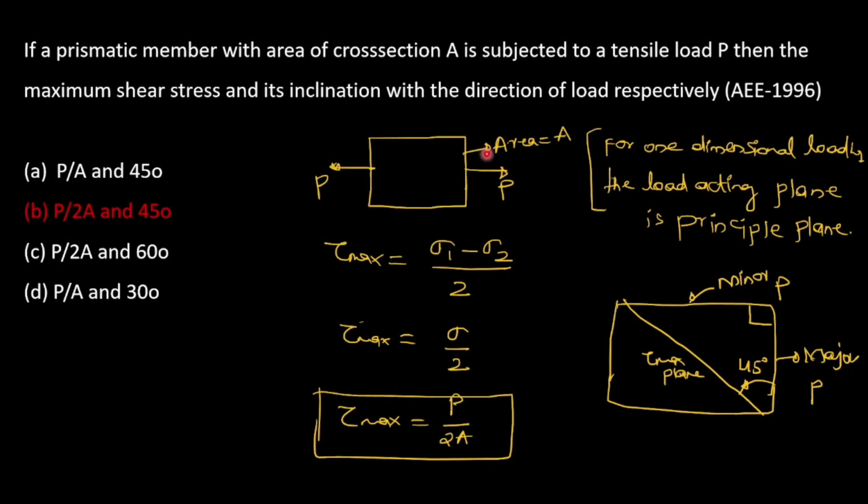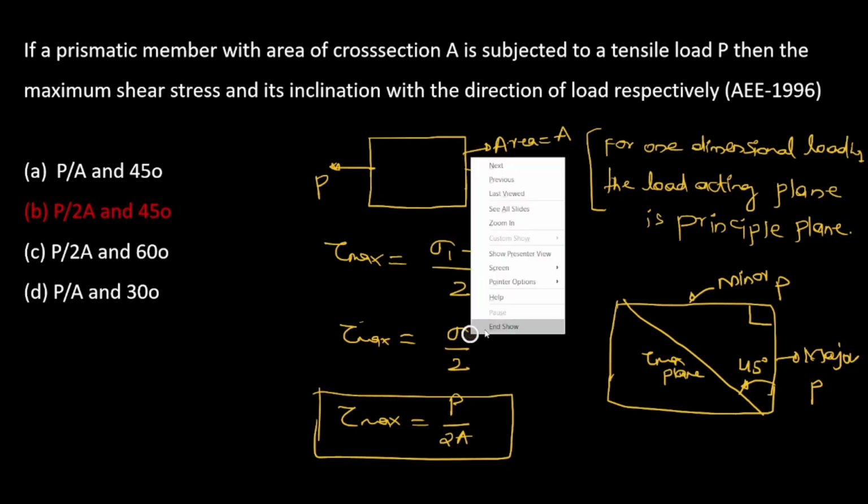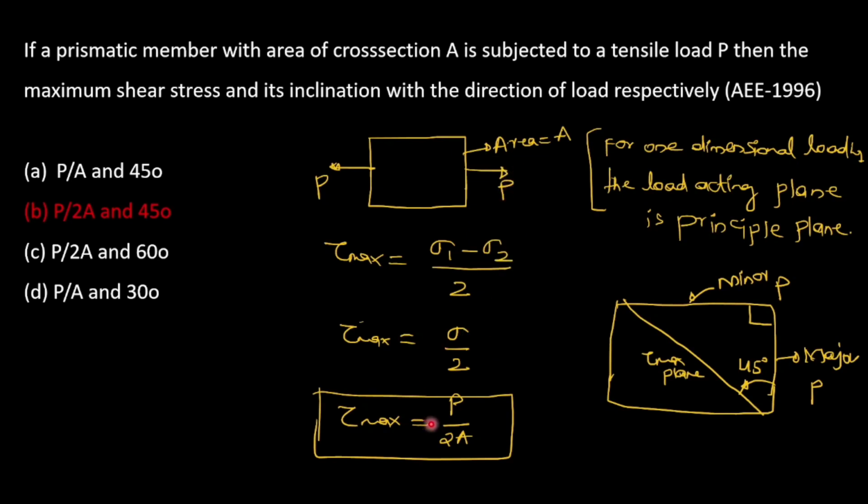We know the maximum shear stress formula is sigma 1 minus sigma 2 by 2. For one dimensional loading, the load acting plane is a principal plane. So tau max is equal to sigma by 2. Stress sigma is equal to load by area, so P by A. So we get tau max is equal to P by 2A.